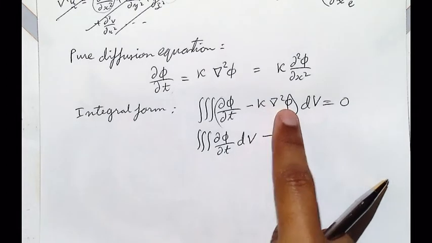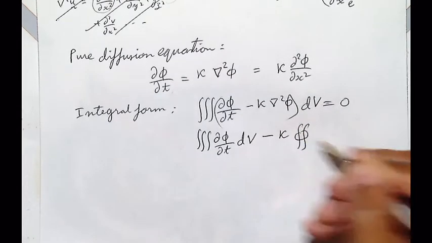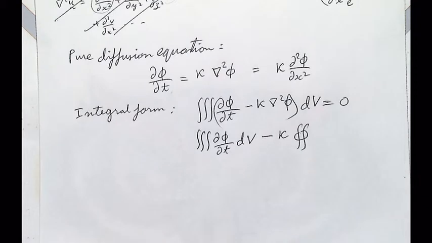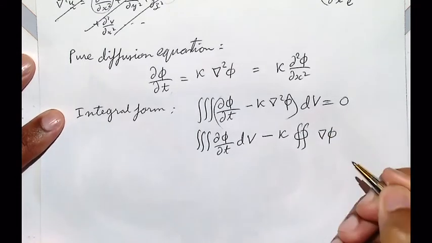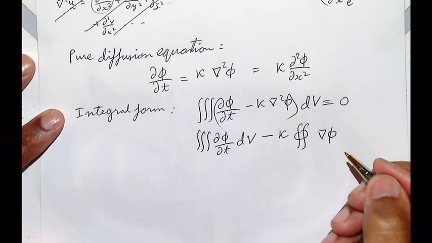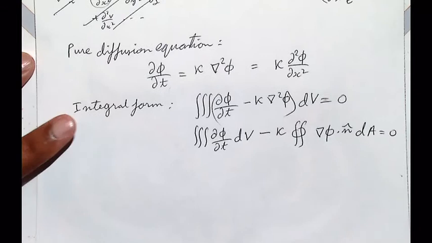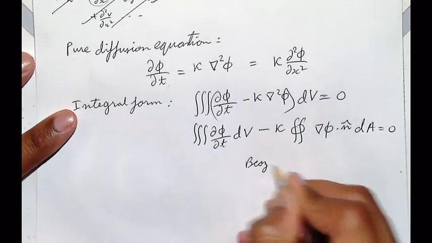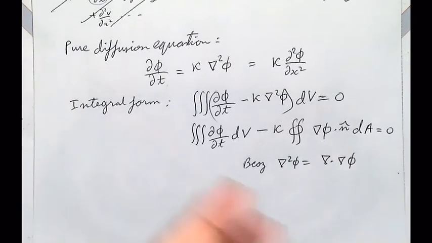What does the integral of Laplacian phi dV change to? Simply the integral of grad phi dot n hat dS, dA. Right, that's it. Because Laplacian phi is nabla dot nabla phi, and then we go from volume to surface.